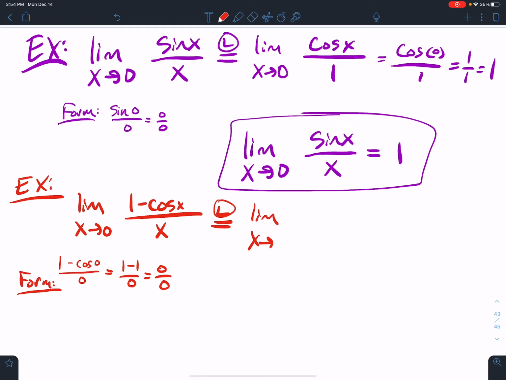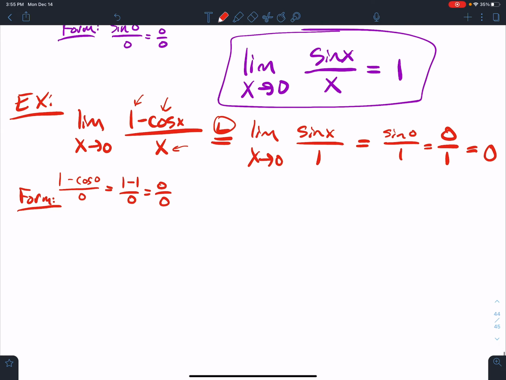The derivative of 1 is 0. The derivative of negative cosine is sine, over 1, since the derivative of x is 1. That's sine of 0 over 1, which is 0 over 1. Oh no, is that undefined? No. If I divide 0 by 1, then I get 0.